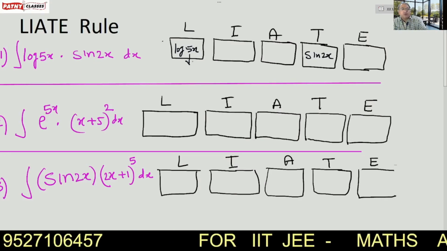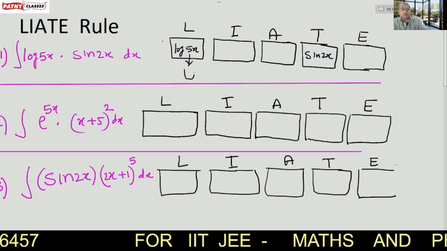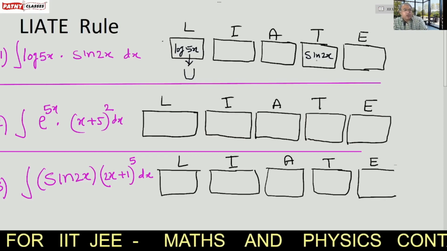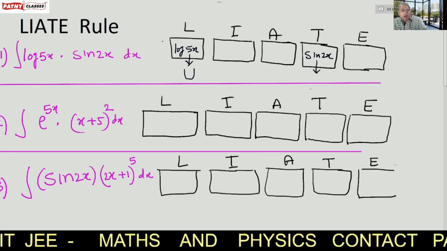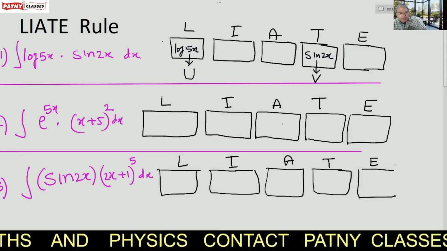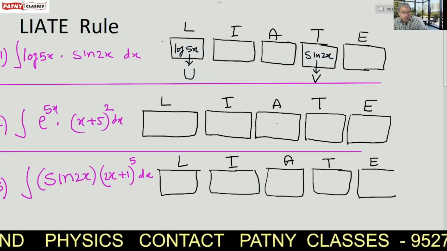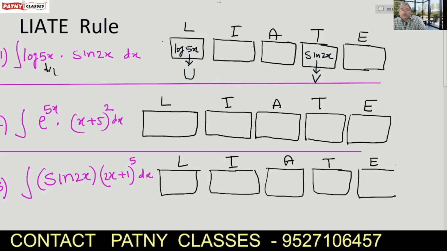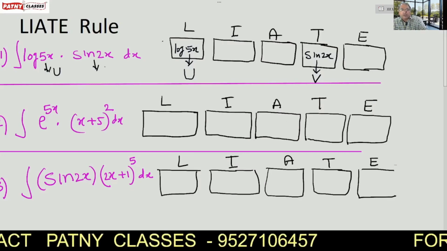Log 5x. The one in the first box becomes u, and the one in the later box becomes v. Sin 2x is in the latter box, therefore it becomes v. Therefore log 5x becomes u and sin 2x becomes v.